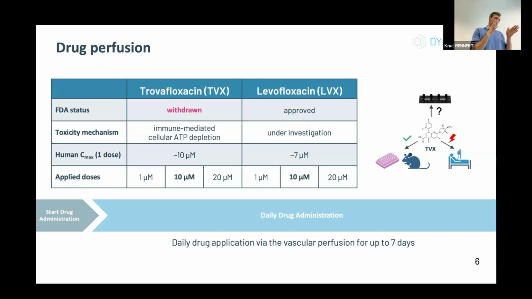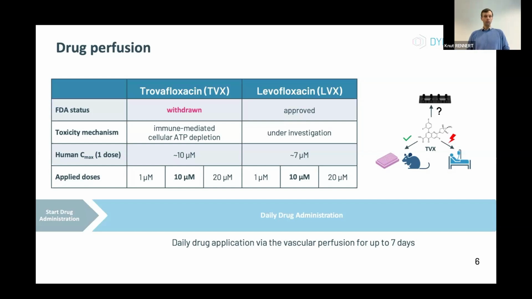In humans, the plasma concentration is roughly 10 micromolar, and that's why we also chose a 10-fold lower concentration. We used the plasma concentration Cmax and double Cmax for our experiments. To compare with a control compound, we used levofloxacin.